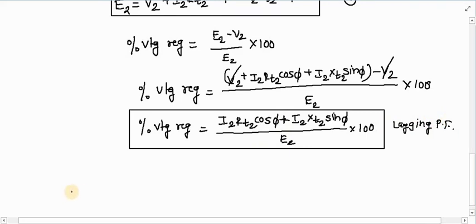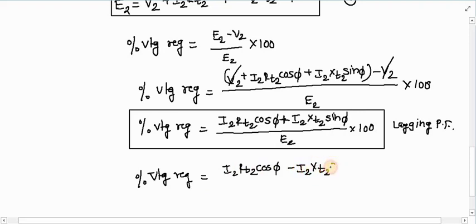So in the above expression, phi has been considered positive for lagging power factor and it will be negative for leading power factor. So for leading power factor, I can modify this equation as I2 RT2 cos of phi minus I2 XT2 sin of phi divided by E2 into 100.